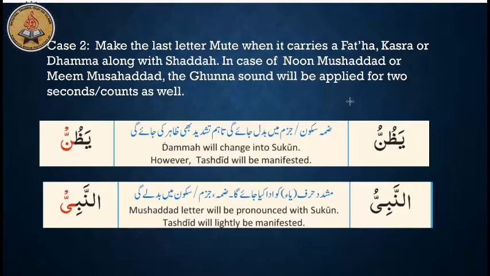What you have to just be mindful of is, first of all, remember that when you have a shadda letter, it's like having the same letter written twice next to each other. So this noon with a shadda is the same as having 2 noons written next to each other. So what you have to consider is that with a shadda letter, there is extra emphasis because it's equivalent to 2 letters.